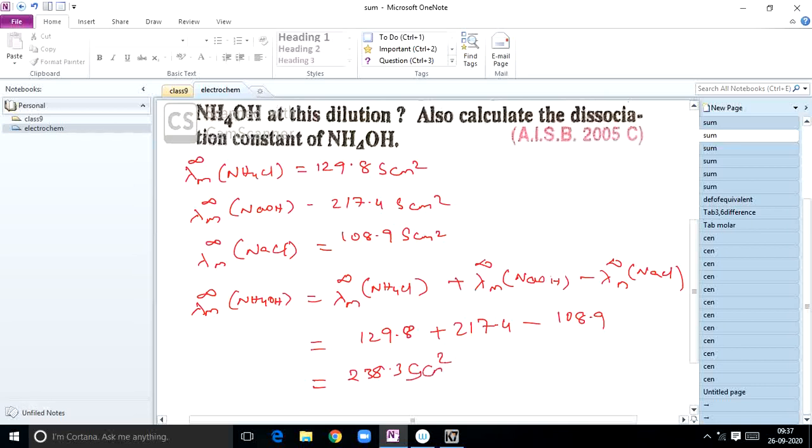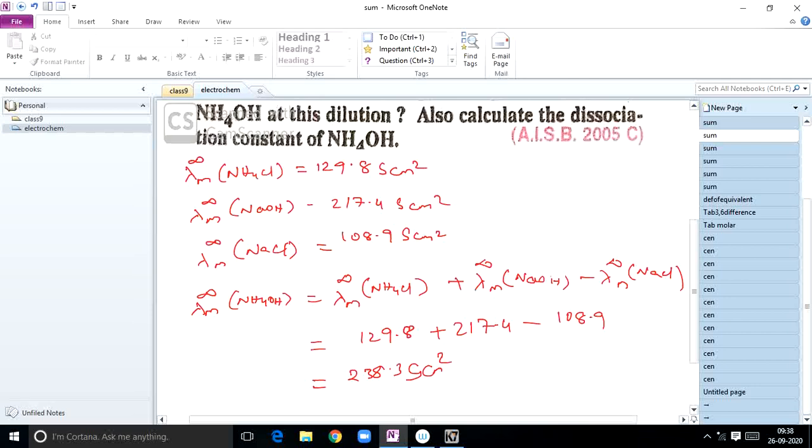How you got this formula, you have to do rough work. Lambda m infinity of ammonium hydroxide can be written as lambda m infinity of NH4 plus lambda m infinity of OH minus. By using this, we split all the three electrolytes and give numbering to equations 1, 2, 3, 4. From equations 2, 3, 4, you have to bring out the first equation. If you do that, you will get this type of relation. Okay, students, very important model.